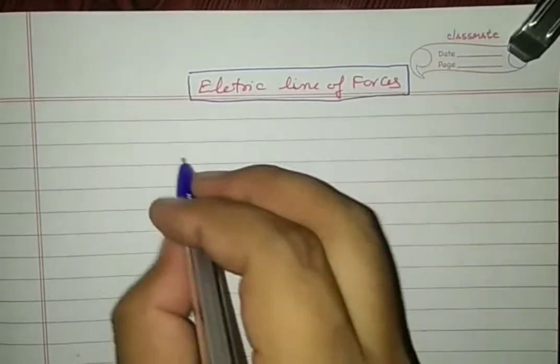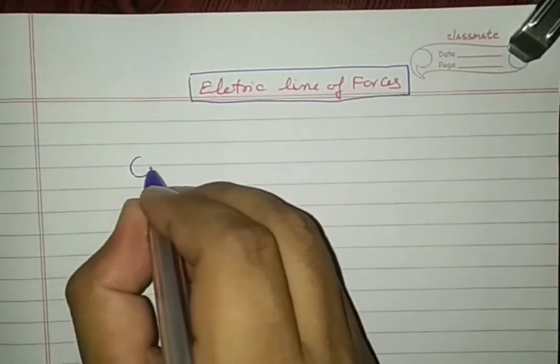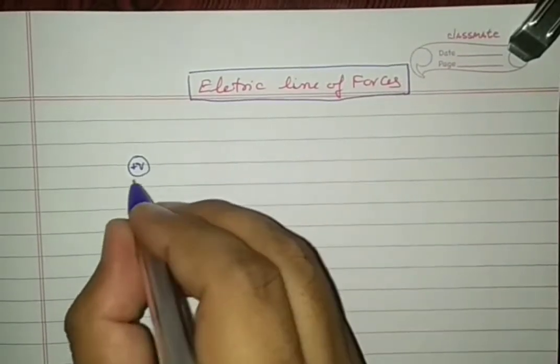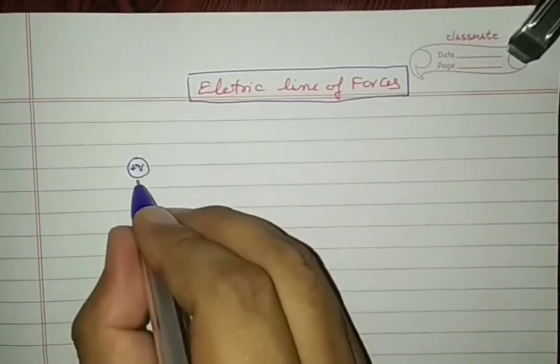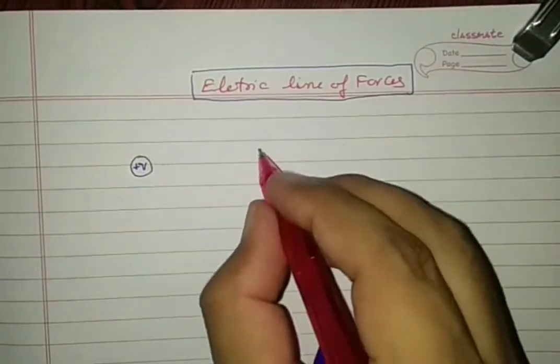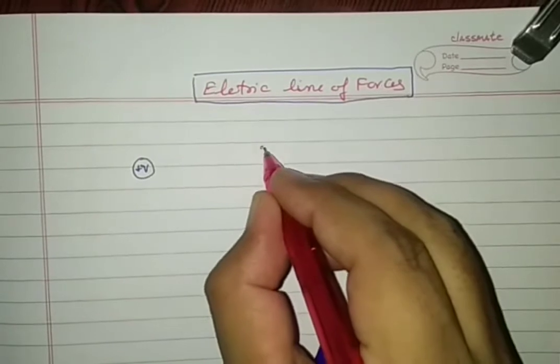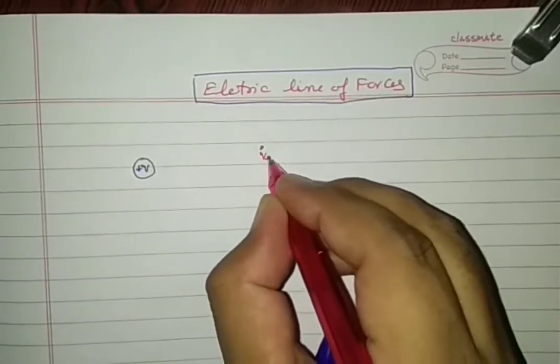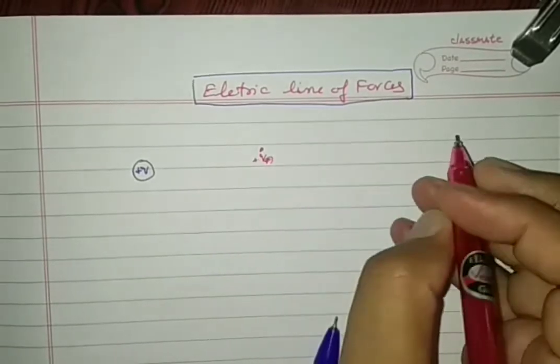Now see, a positively charged body having charge Q is placed, and near to this, a small positive test charge Q0 is kept.